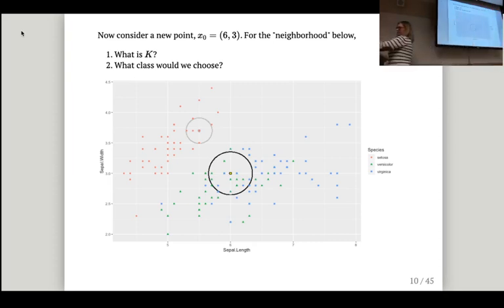It didn't change anything, but there's definitely 3 on the circle, so 13. Versicolor, so probably k is 13, and then what class would they choose? 5 out of 13. So 8 and 13, so probably the first one, right?